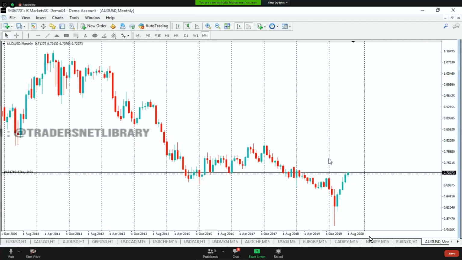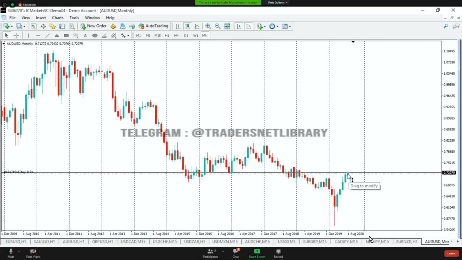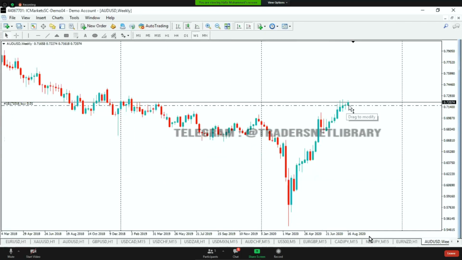Yes. So I was telling that you start from the monthly chart and you determine the direction of bias, it's the upside. So we are looking for bullish candles on the monthly. As we can see, the current candle is bullish. After confirming that, we shall go to the weekly chart to make sure that the current candle is also bullish.